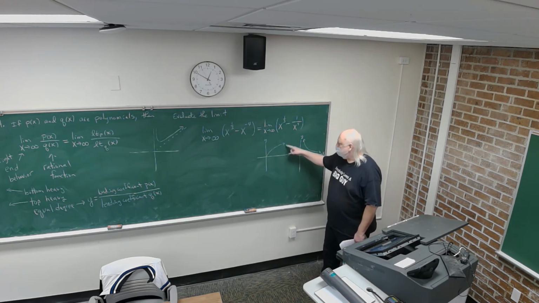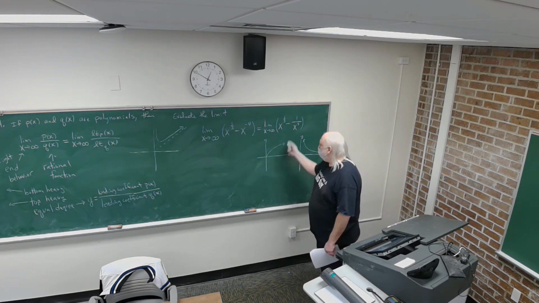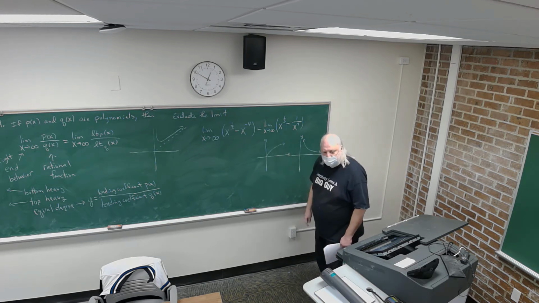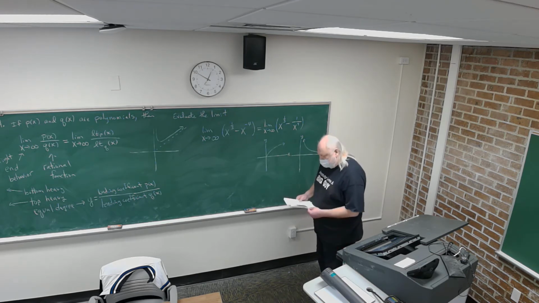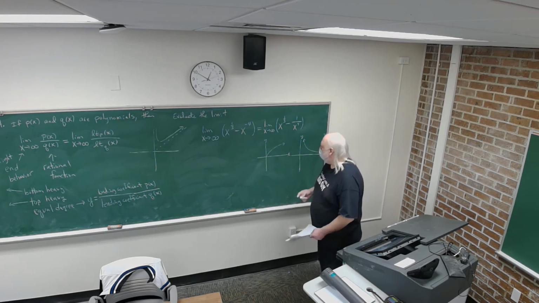So the larger the value of x is, the larger the value of x to the 1/3 is. And you can verify all this with a table of values. And this is getting back to fact number 2 that we already wrote on the board.